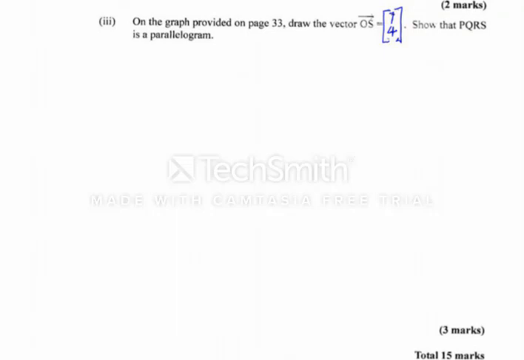If we're using calculation, I would say something like this: PS would be equal to PO plus OS. OP was (1, 4), so PO would be (-1, -4).